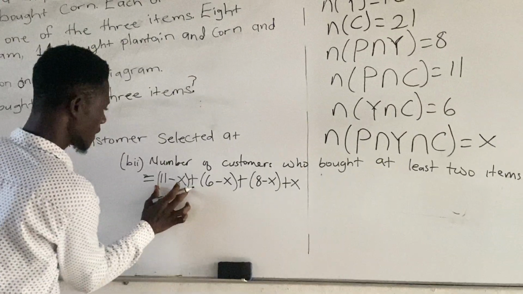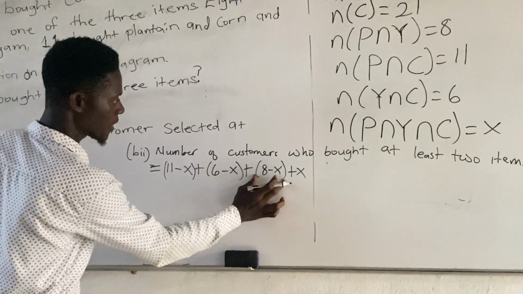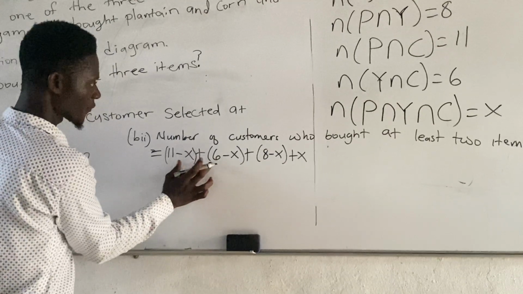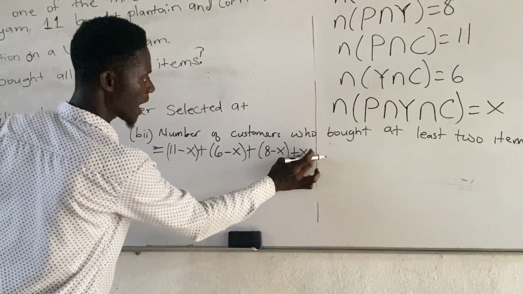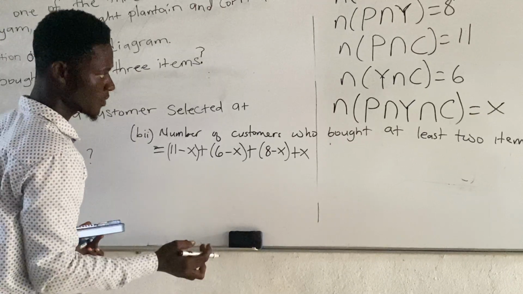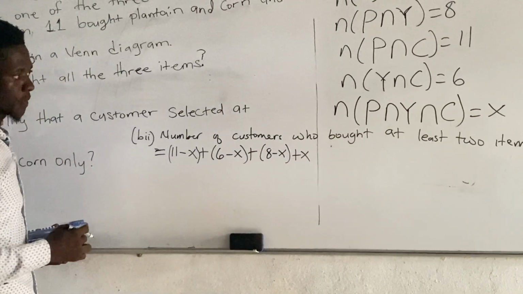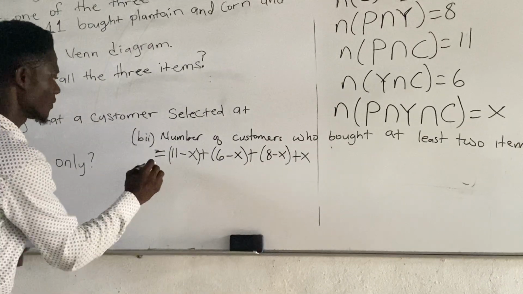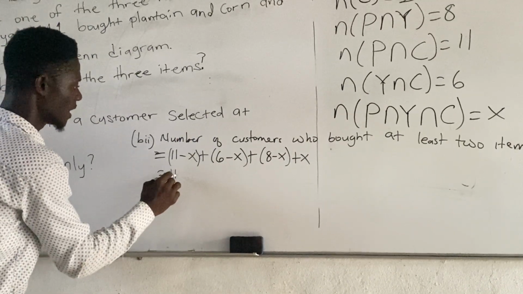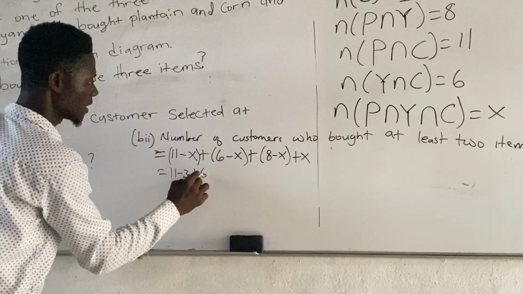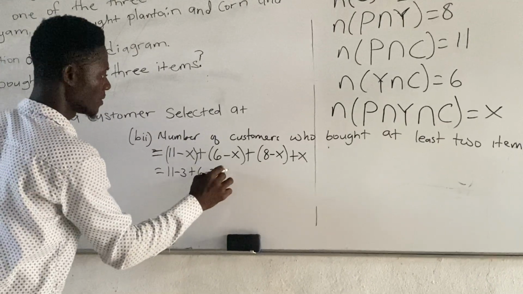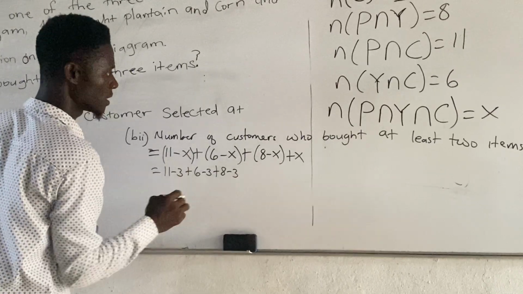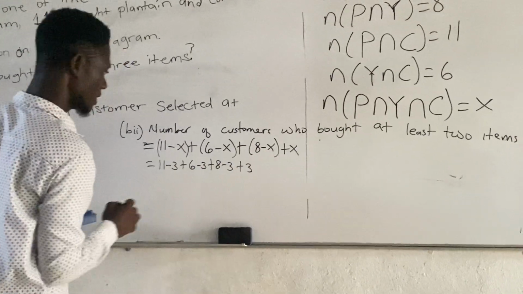If you see 11 minus x, 6 minus x, 8 minus x, they are exactly 2. So it will be from 2 to the highest. Then the highest, the customers bought were 3 items. So this is the x, and you already know x will be 3 from the initial calculation. So this is 11 minus 3 plus 6 minus 3 plus 8 minus 3 plus 3.